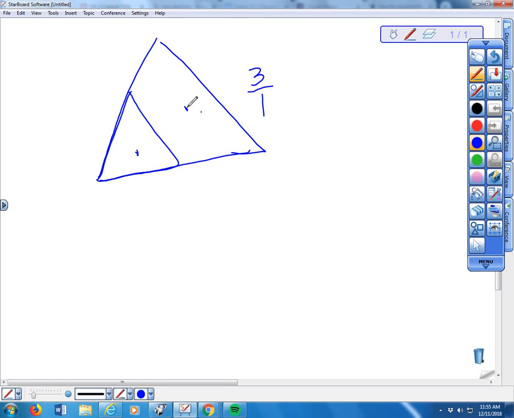So you have to pay attention, like on a quiz or test. The original image, which they always label with a capital letter like A or B or C, and the dilated image is A prime or B prime, with the little mark like a quotation mark. A is original, A prime is the dilated.